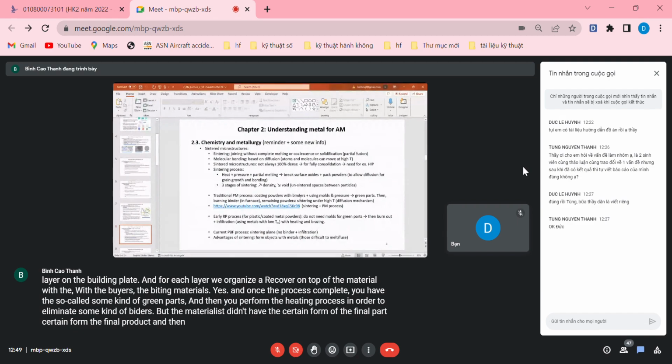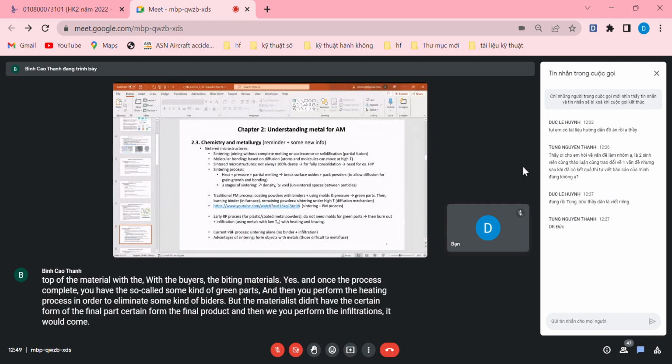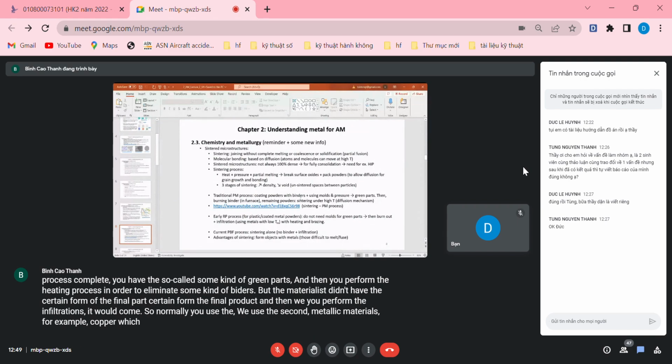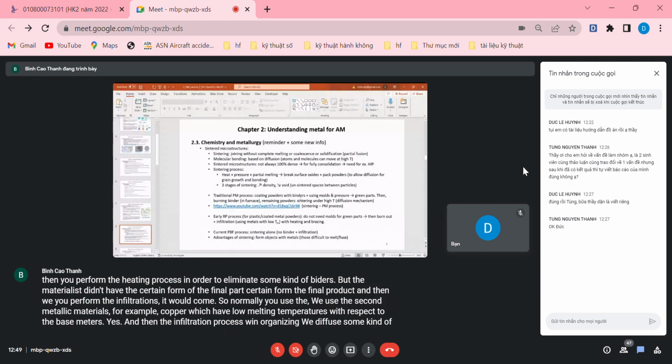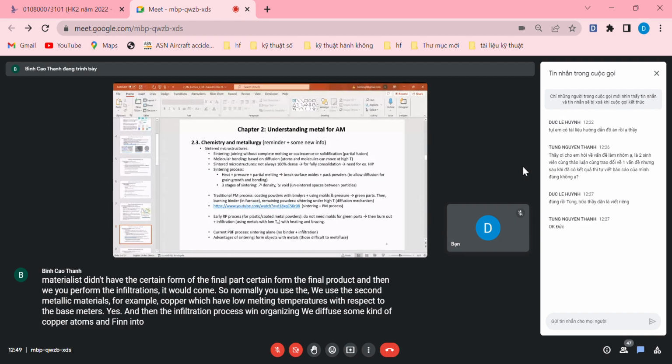And then you perform the infiltration, cái bước thấm. So normally we use a second metallic material, for example copper, which has a low melting temperature with respect to the base metals. The infiltration process will diffuse copper atoms and fill into the porosity of the part.